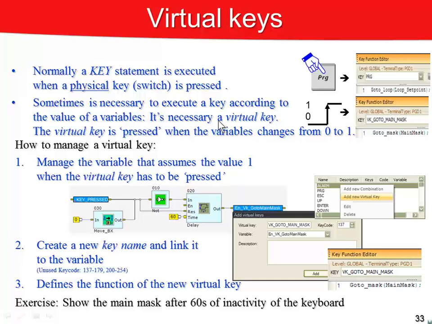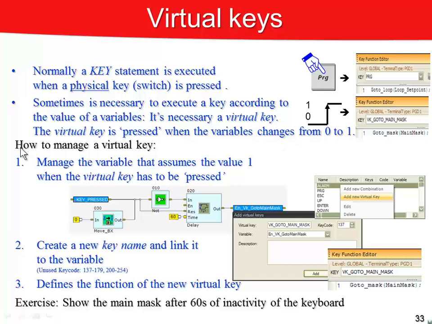So in this case, we need a virtual key. A virtual key is pressed, or virtually pressed, according to the value of a variable, when the variable changes from 0 to 1. So not according to the status of a mechanical switch, but according to the rising edge of a variable.